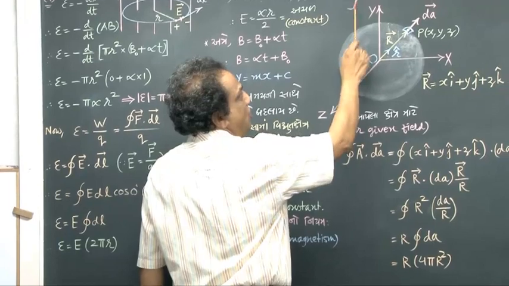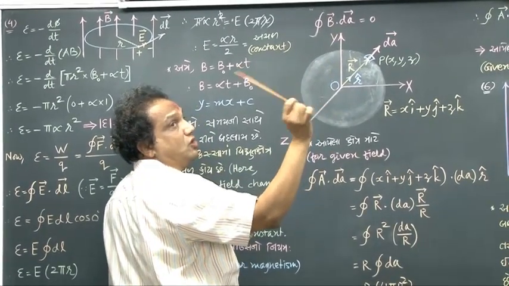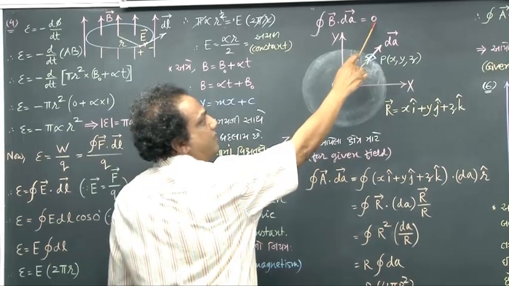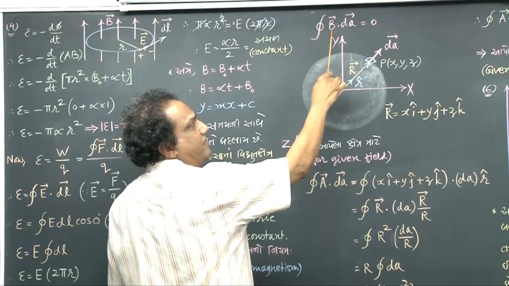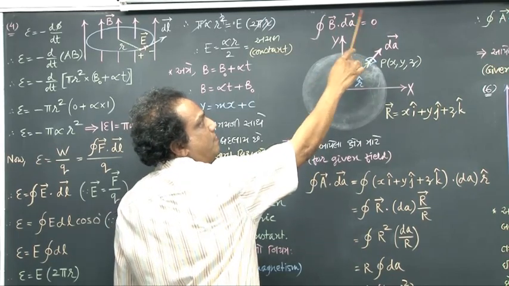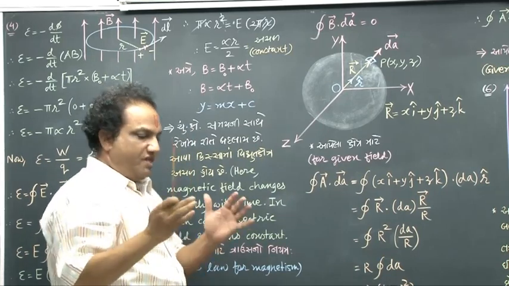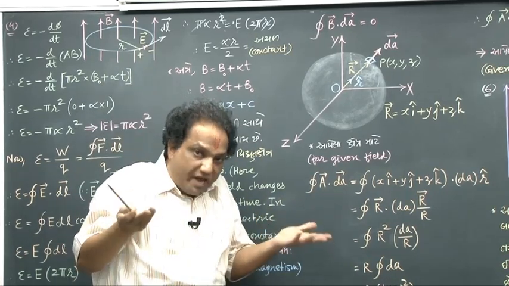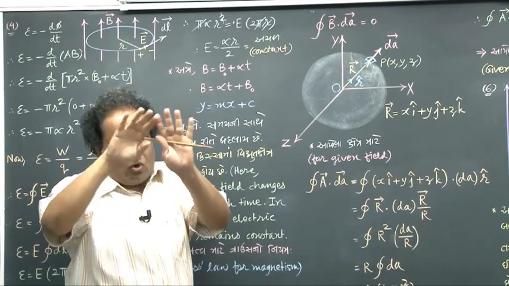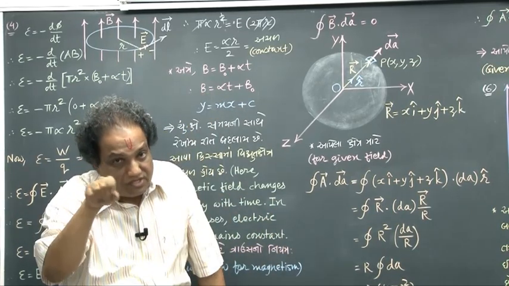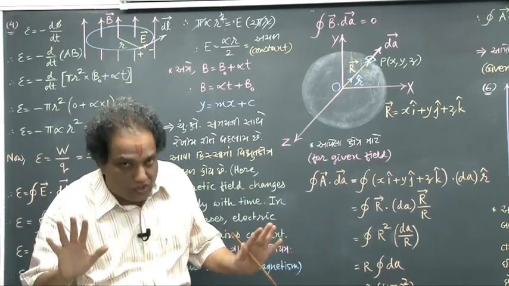Closed integration of vector B over a given closed surface should come out to be 0. Closed surface integration of magnetic field is equal to 0. This is Gauss law for magnetism. So if the given vector field is also a magnetic field, then for that field also we should get closed surface integration to be 0. Let us check whether we are really getting 0 or not.